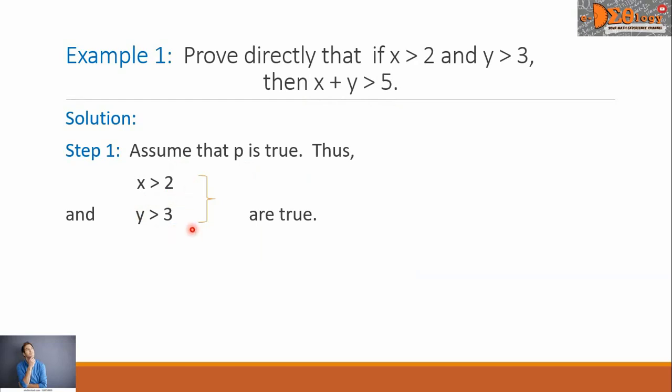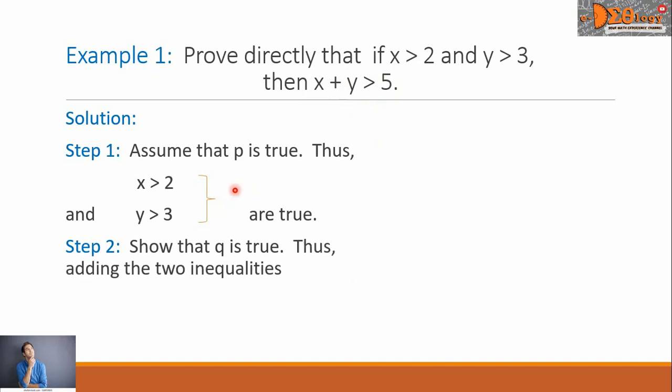Both of these inequalities must be true. And step 2, we're going to show that Q is true. Our Q here is the inequality x plus y is greater than 5. We must be able to show that this inequality is true based on the step 1 assumptions.